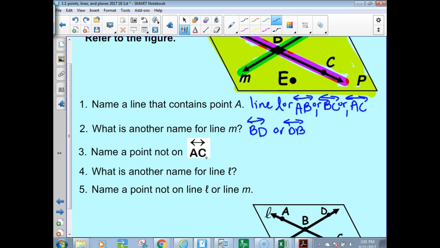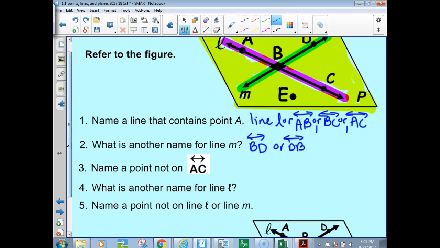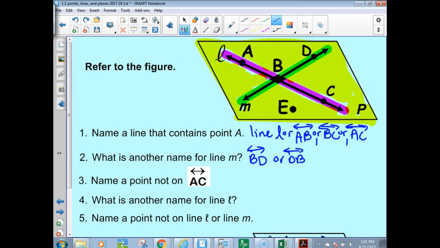All right, name a point not on line AC. All I need is any point that's not on the pink line that hits A and C. I can pick anything off of it except I can't use P because it's not a point.